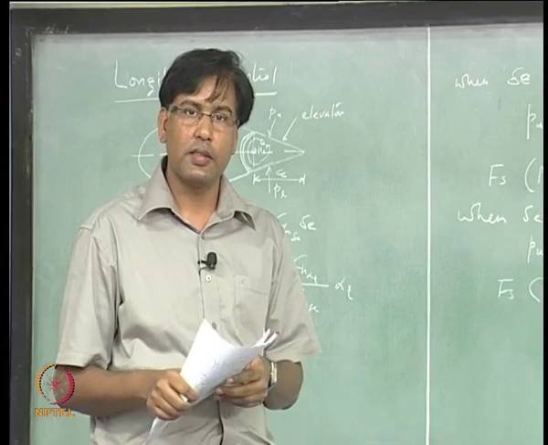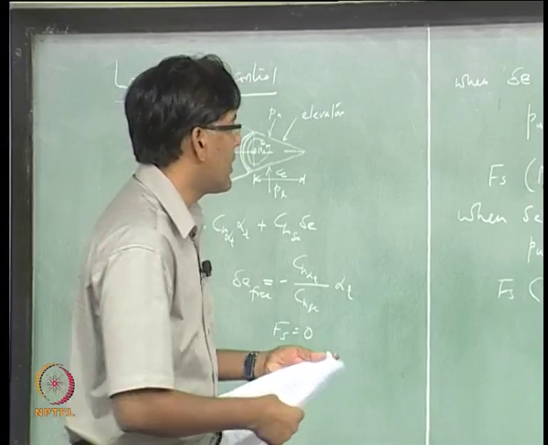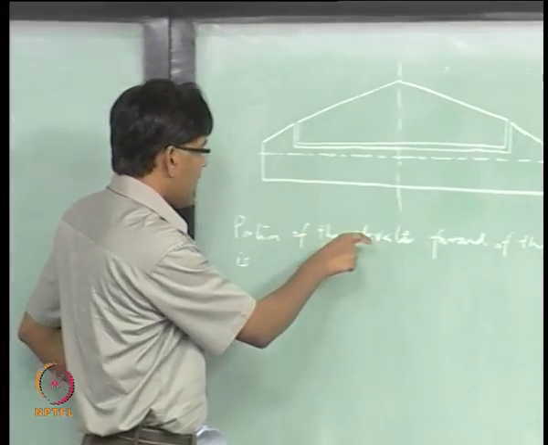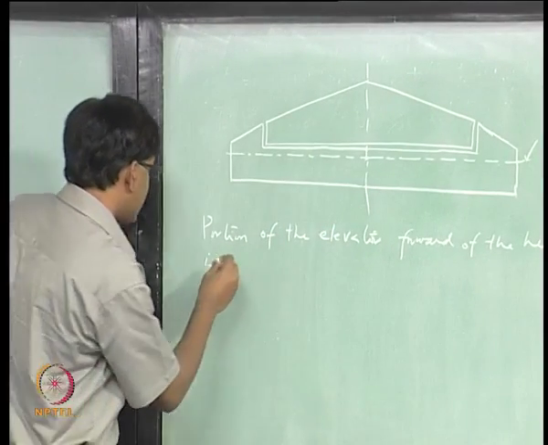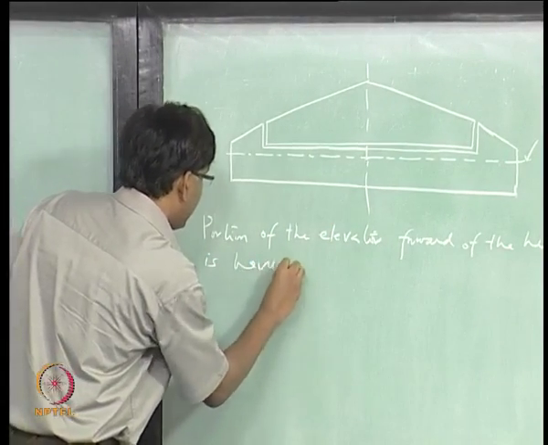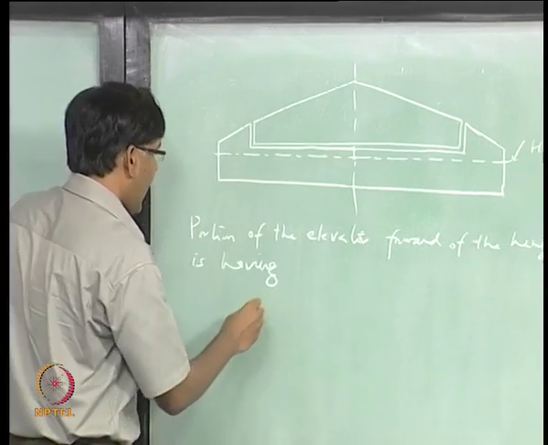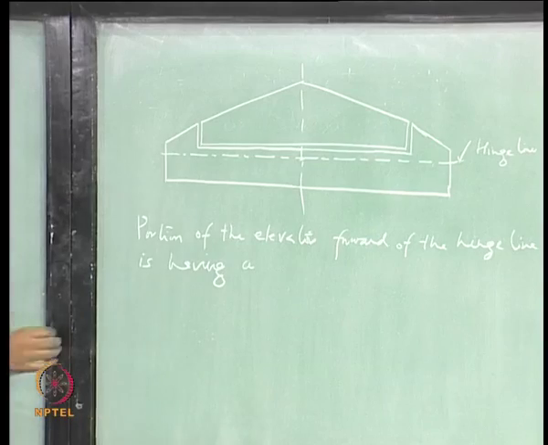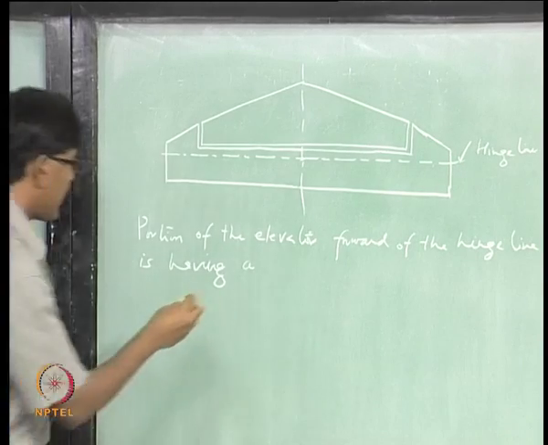Accordingly you have to find how much stick force you have to apply, right. The portion of the elevator forward of the hinge line is having a negating effect, okay.